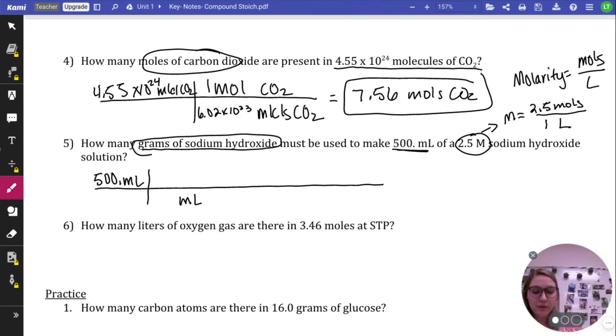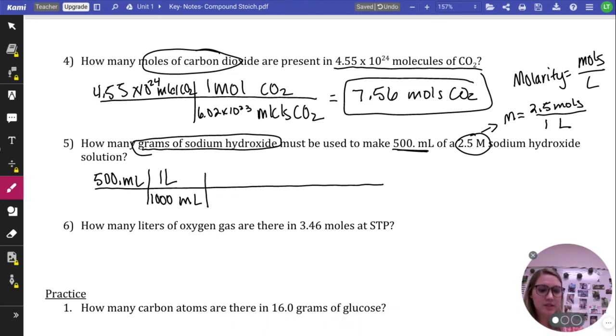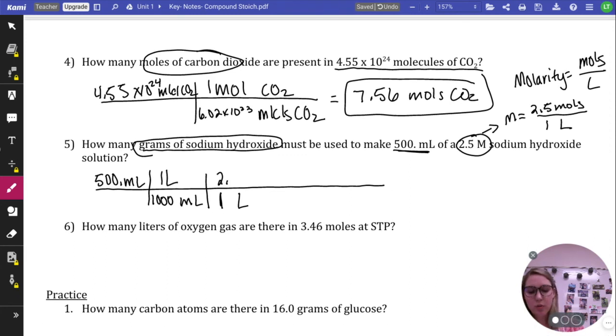So I know that for every 1,000 milliliters, it is 1 liter. Okay? Now then, liters is not what I want, so I'm going to drop it low. And this is where I'm going to use that molarity. So for every 1 liter, it contains 2.5 moles of sodium hydroxide.